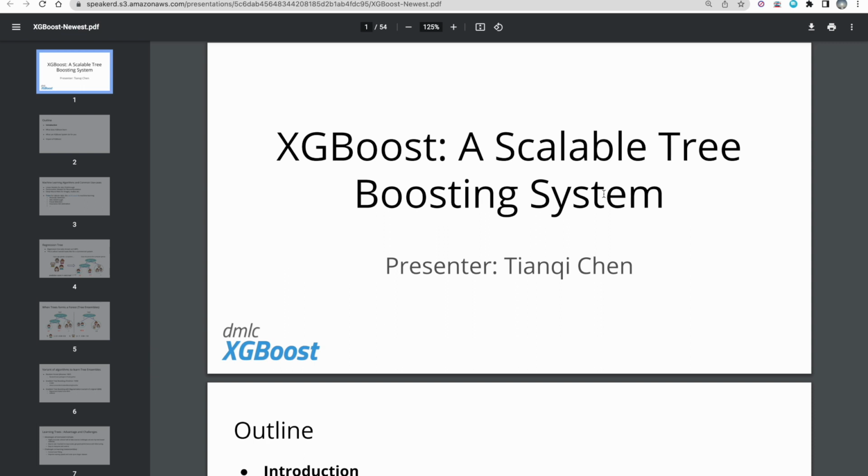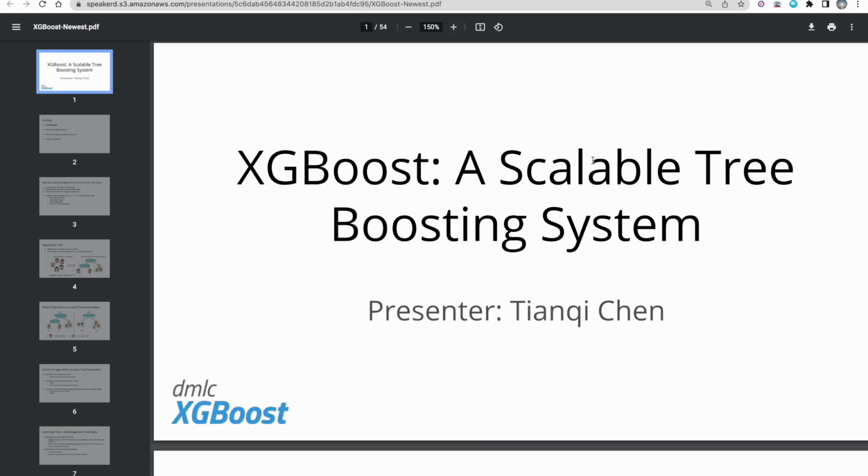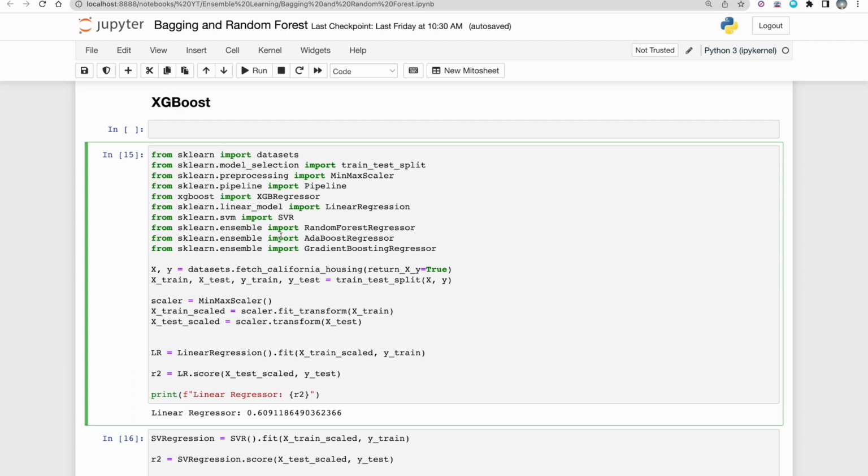When I was trying to prepare the deck, I thought I could not do a better job than what the founder of this algorithm has already done. So I will walk you through this deck and give you the flavor of it. I also intend to show how we can code XGBoost using the Scikit-learn wrapper.